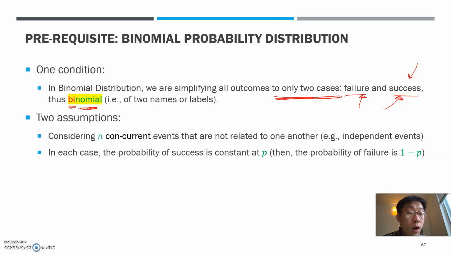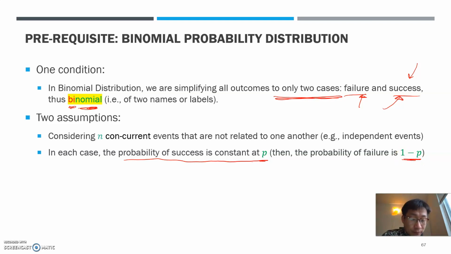The car 1 failure rate has nothing to do with the car 2 failure rate. In each case, the probability of success is constant at P. So it means all the vehicles, all the customers, all the units, all the events that you're considering have the same probability of success at P. Therefore, the probability of failure is 1 minus P.